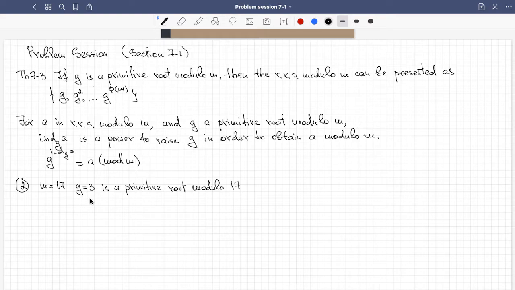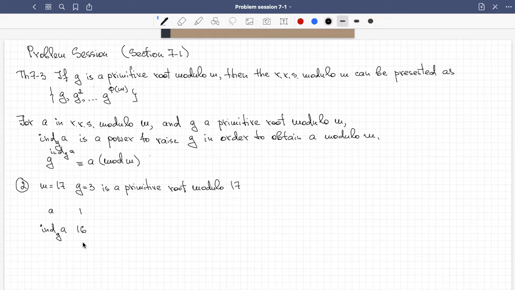So let me copy the table from the book. So we have a and index g a. When a is 1, the index is 16. What does it mean?